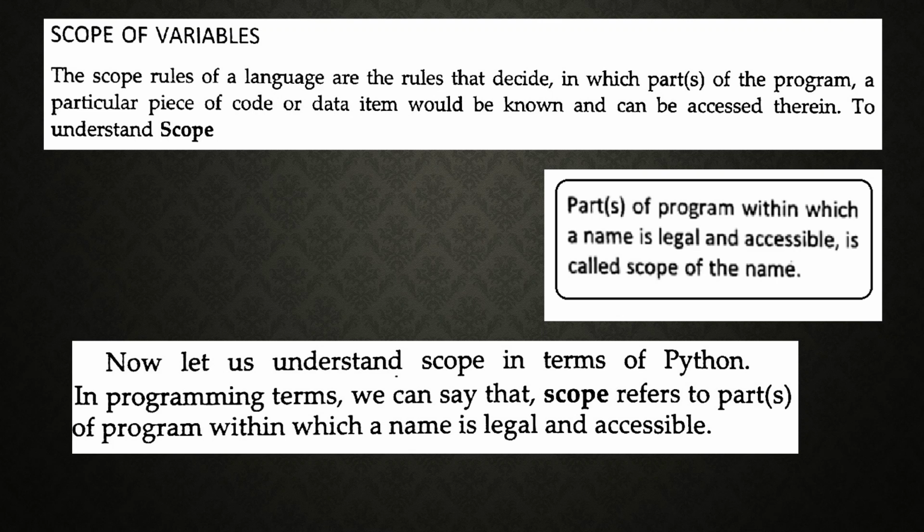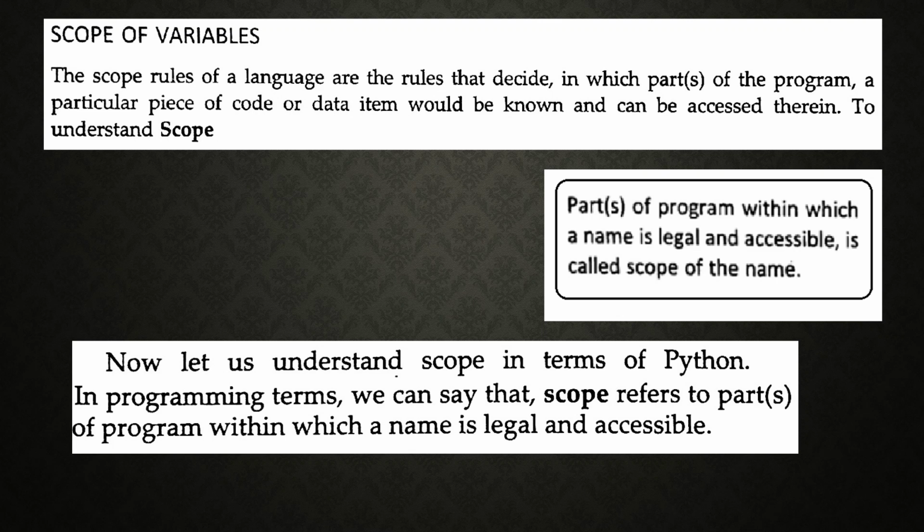In an easy way, we can understand scope of a variable like this: we have a variable, and whether it is available within the function, or throughout the program, or in another function.